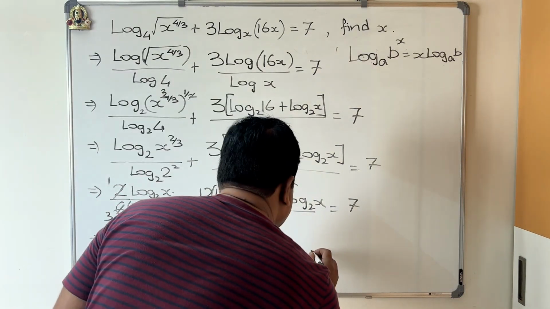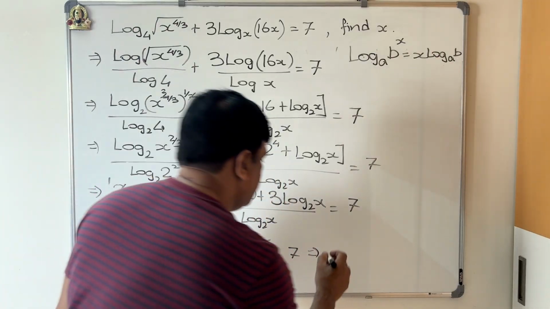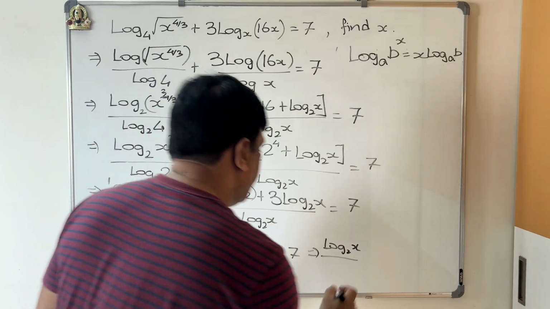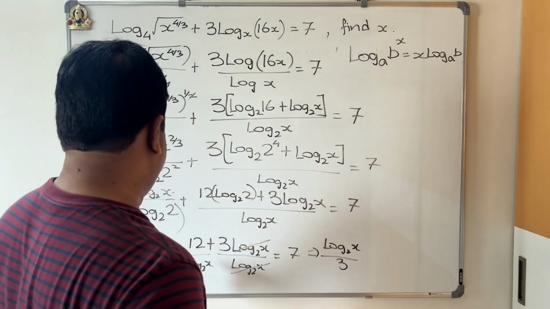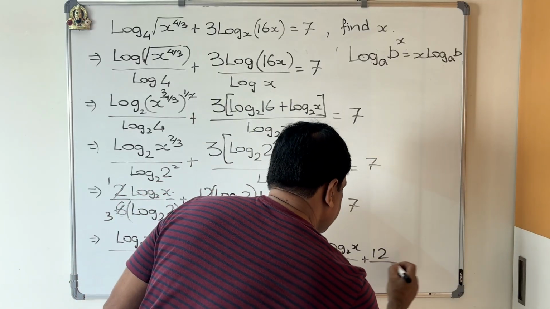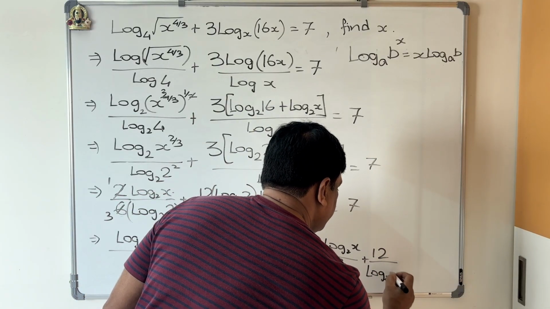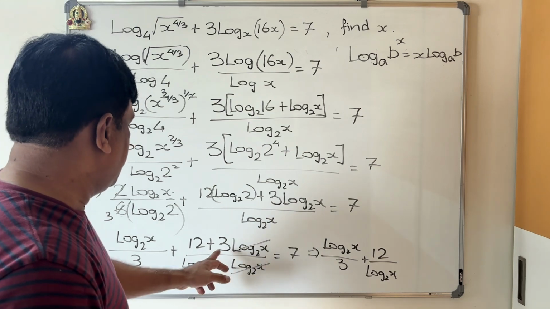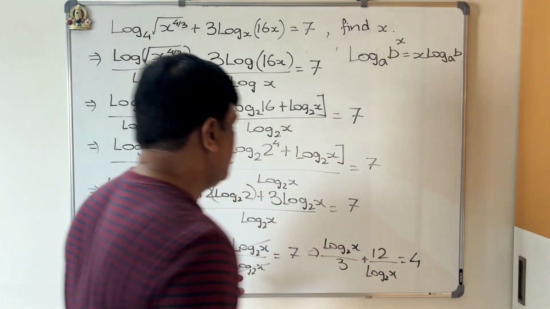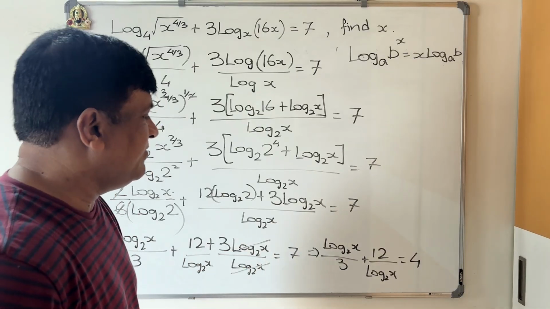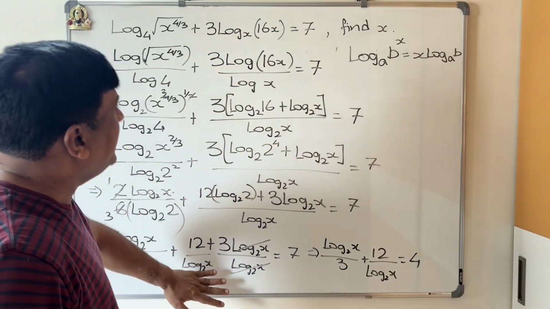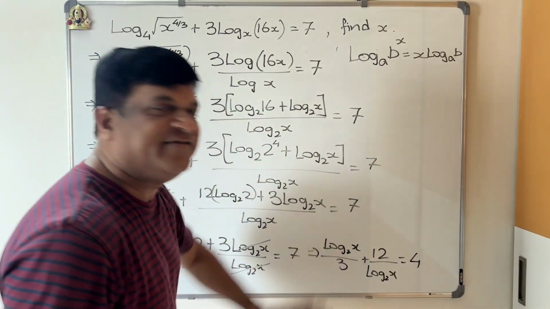So what do you get? Implies you get log of base 2x divided by 3 plus 12 by log of base 2x, plus 3 will go that side and become 4. 7 minus 3, so that is what you have basically simplified that logarithm equation into a very simple one.